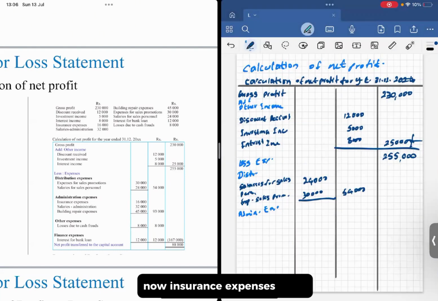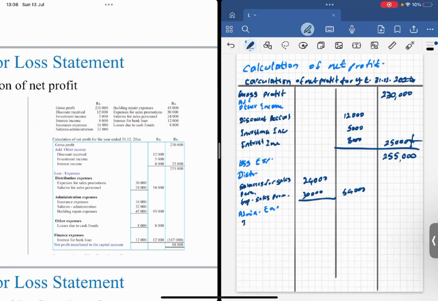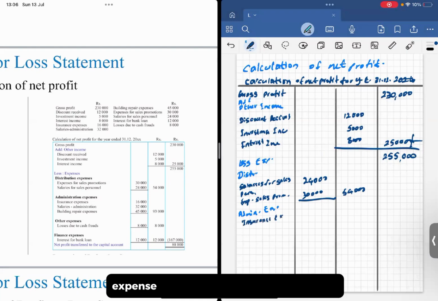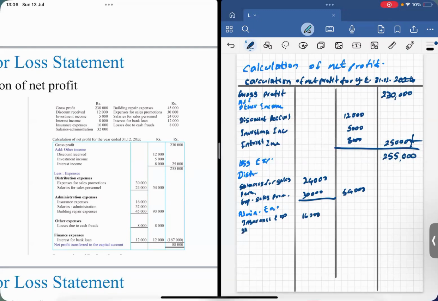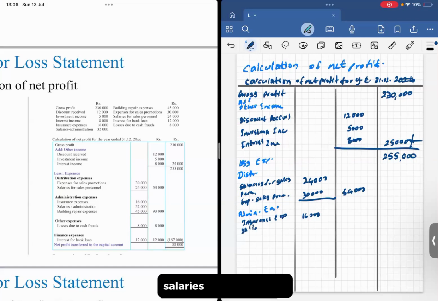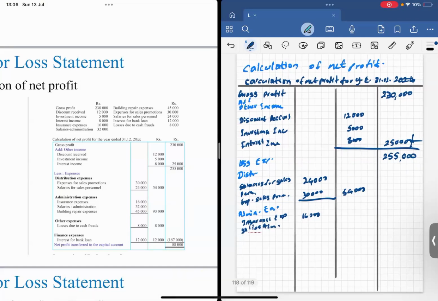Now, insurance expense is 16,000. Then salaries administration, which is 32,000.